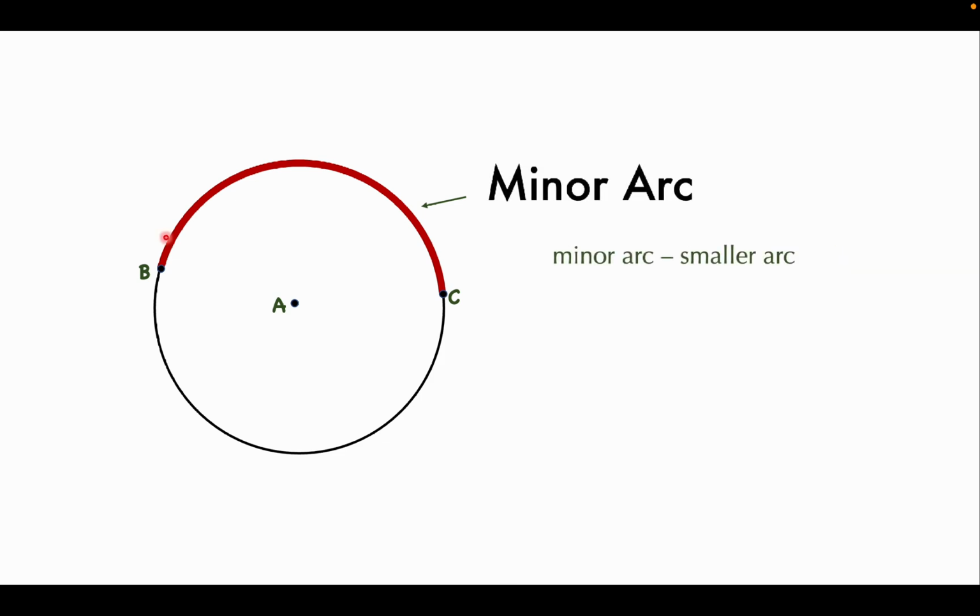So, a minor arc is the smaller arc all the time. Kung mapapansin nyo, itong portion na to, B to C, is smaller than that of the opposite side. Ano? Kaya tinatawag natin siyang minor arc because it is smaller than the other or the opposite side of the circle.